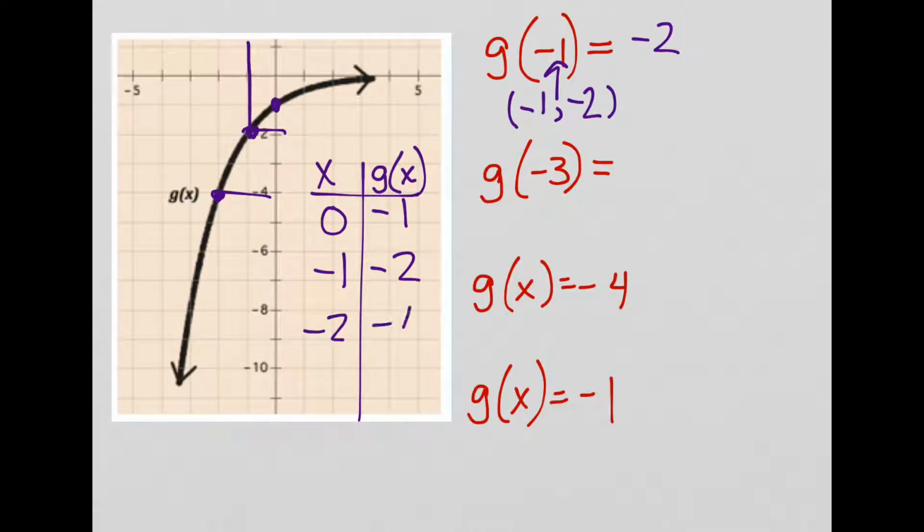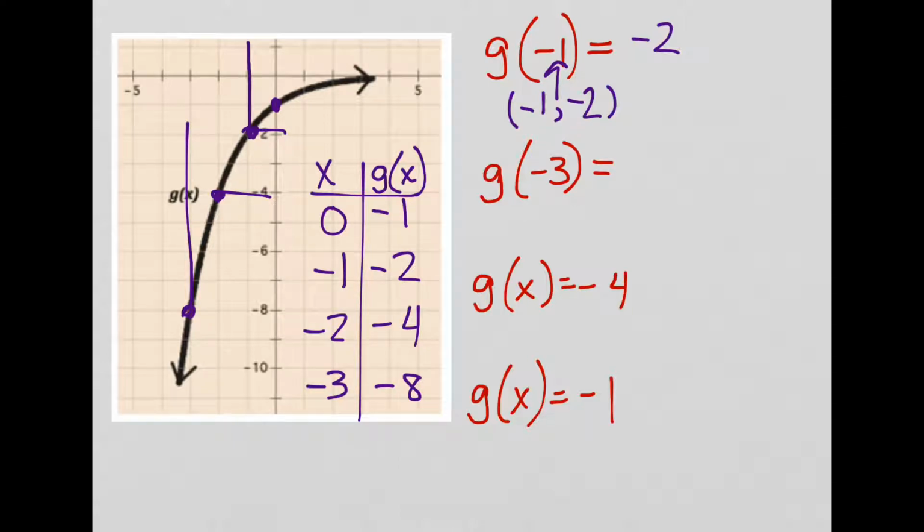Y is negative 4. How about when x is negative 3? Let's see, where does that hit? Maybe like right there. If x is negative 3, then looks like my y coordinate would have been negative 8. We did this a couple of units ago where you're just pulling the points off of the graph into the table. Well, let's see if that table helps us at all now.